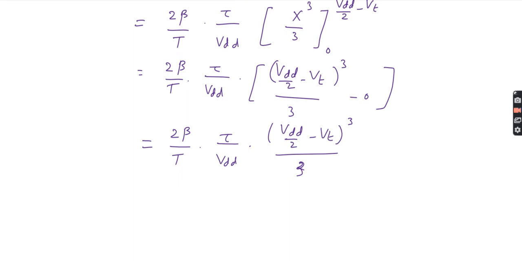What I will get? Again, 2 beta t divided by tau by VDD into 1 by 3, right?